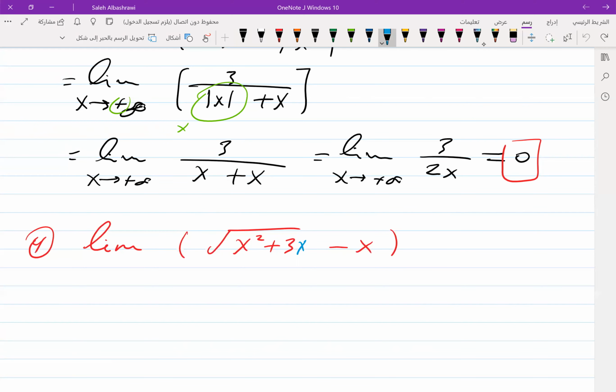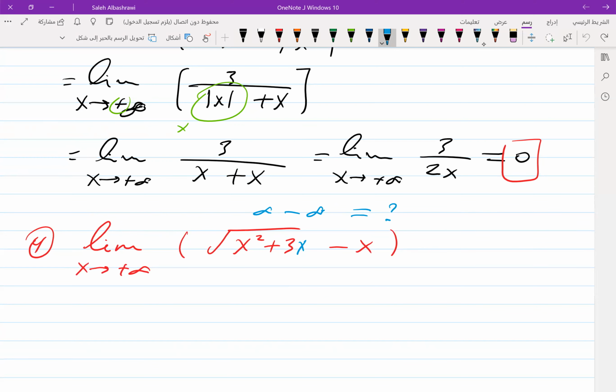So the problem is now changed to be square root of x squared plus 3x and the other square root minus x. Again, as x goes to plus infinity, you will have infinity minus infinity.